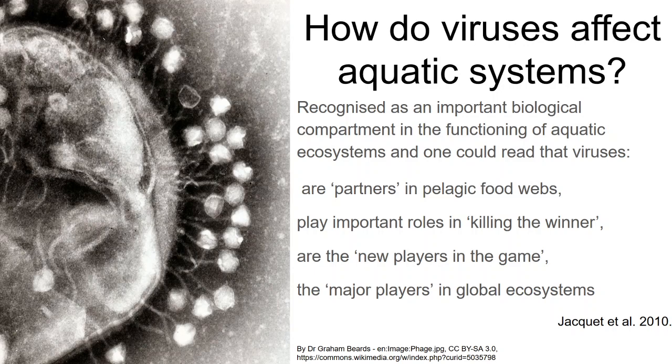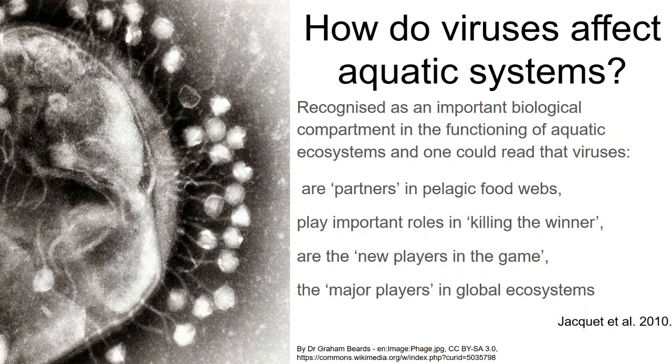They've played important roles in killing the winner. And what that means is that there's a density-dependent effect for some groups. So if you have a more common organism, it's easier for those viruses to infect and damage it. They've been described as new players in the game and major players in global ecosystems.